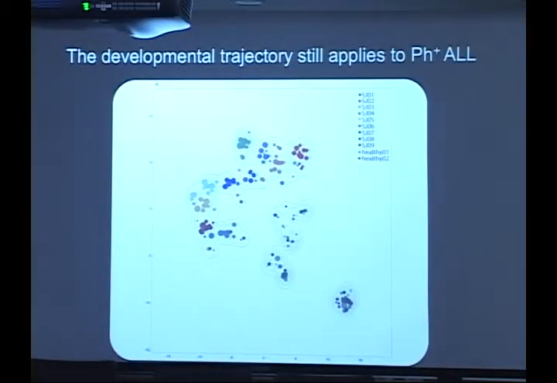When we started to look into this more deeply, it seemed that this developmental trajectory was still applying to these leukemia samples, even in this small, specific subset. This is a different visualization that you may not hear about specifically, but it's published. It's VISNE, but in this case, these are not single cells, they're clusters.